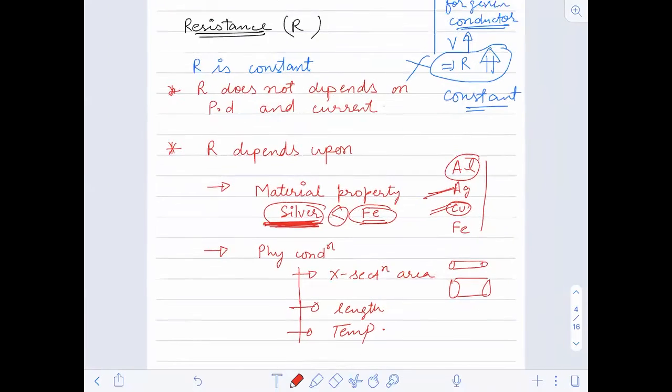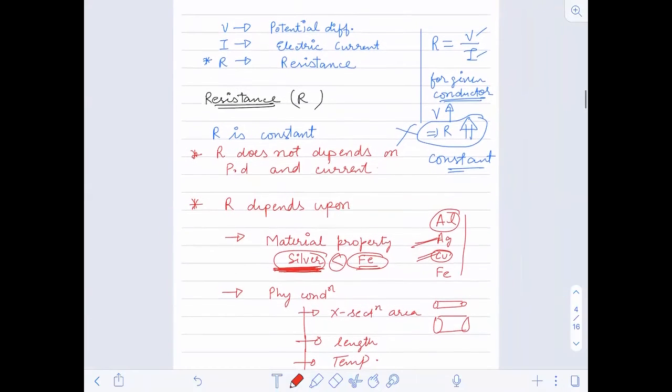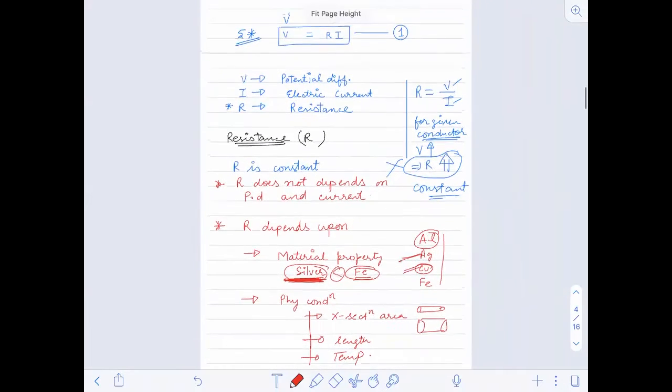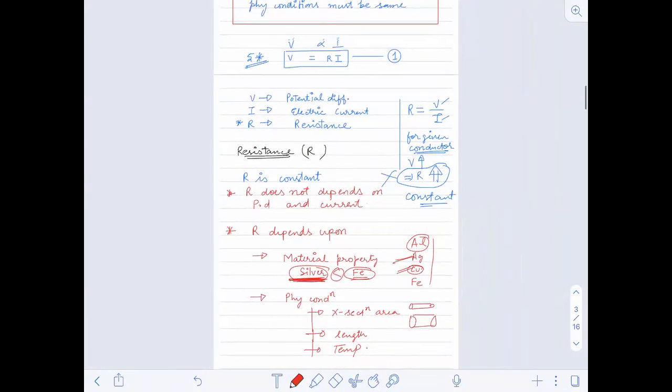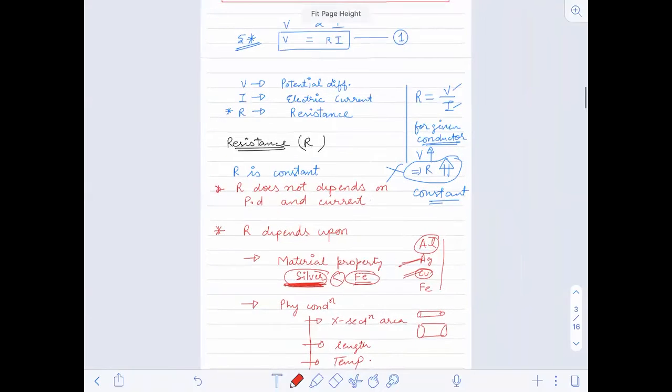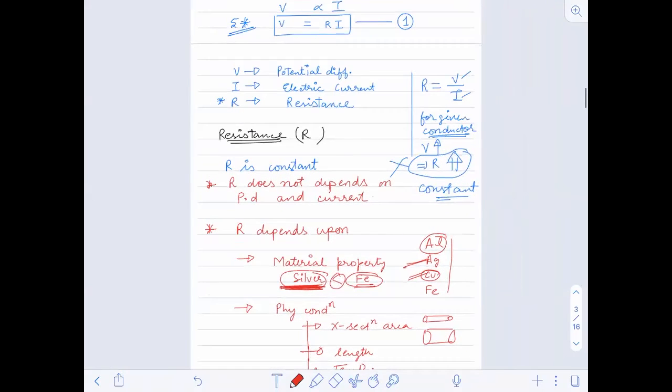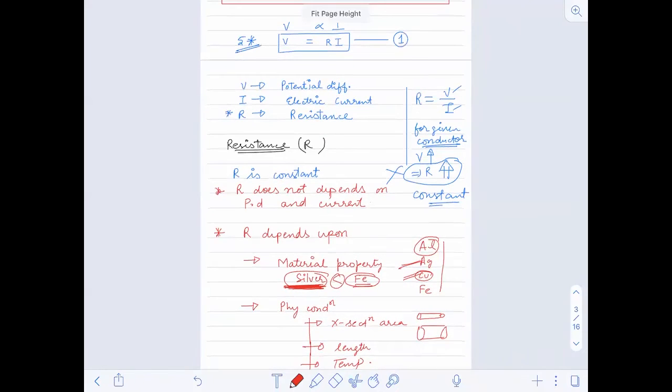What I'm doing right now, I'll leave this complete thing on your screen like this and give you a few seconds to go through the points. I expect that if anyone is having doubt in this, he or she will ask.